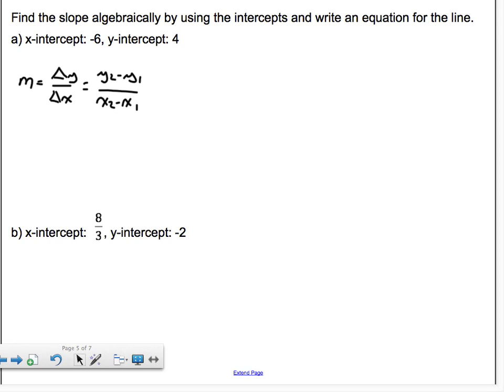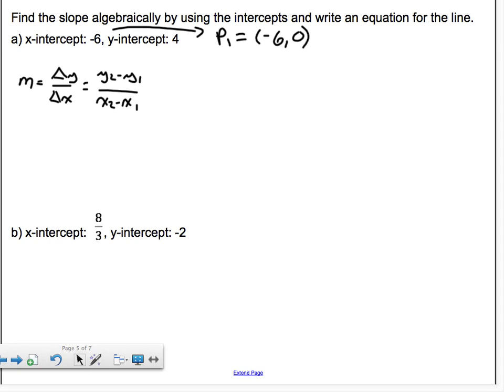So what did you say the x-intercept is? What's the point of that? The x-intercept is -6. So what's the actual point there? The x-intercept is -6, comma 0.